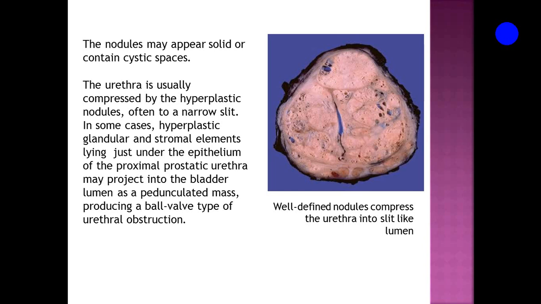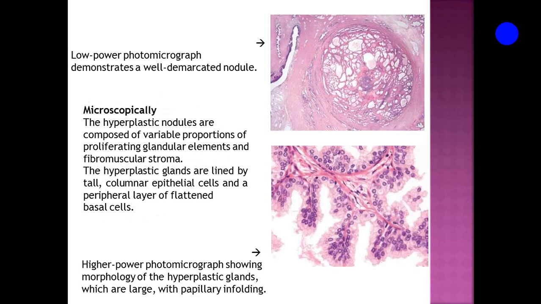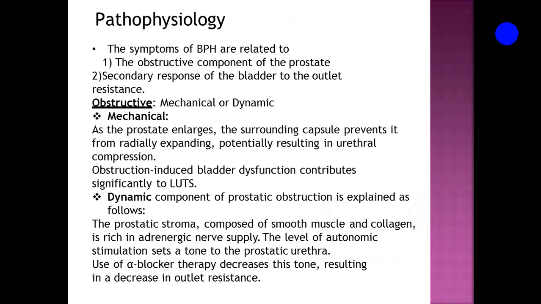That mass is called the obstructive lesion of the urethra. These pictures are microscopic pictures, showing the histological nodules we are talking about.